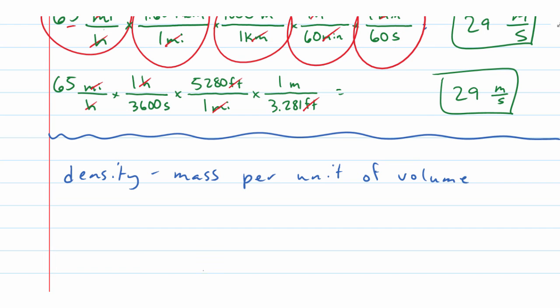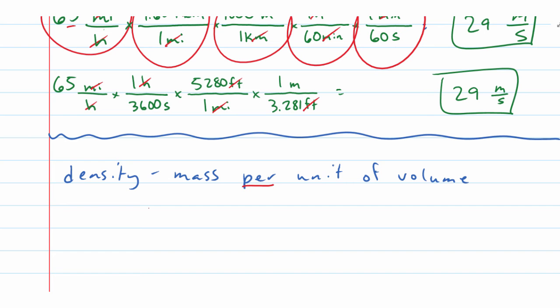Now the wording is important here, because if we look at the word per in mathematics, what does the word per mean that we do? It means we divide. So this tells us that we're going to take mass and divide by volume.